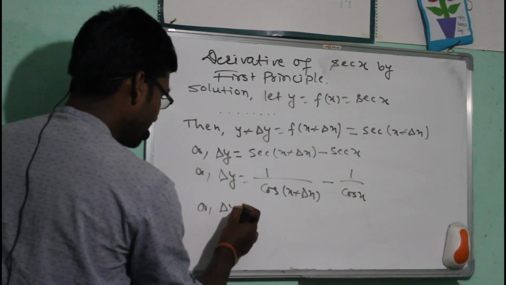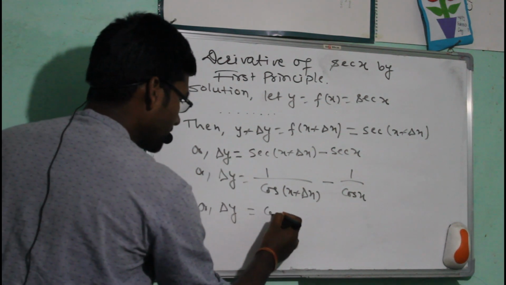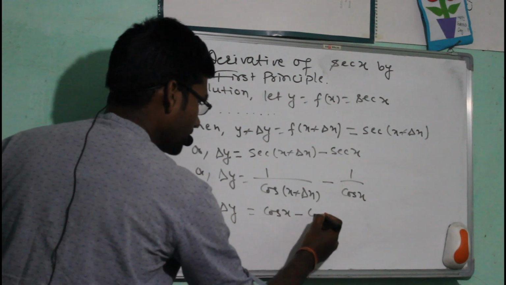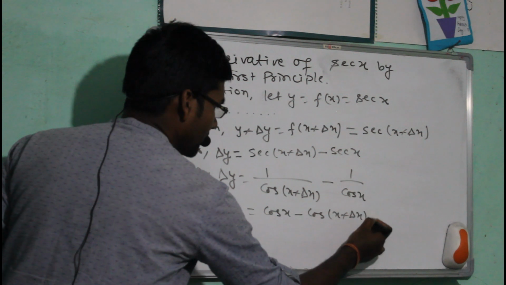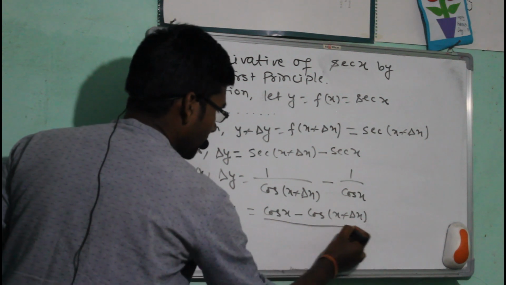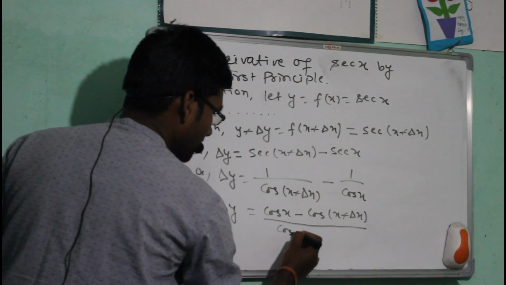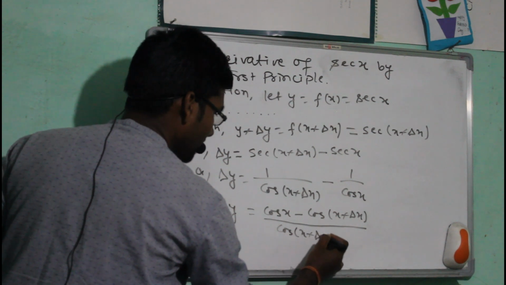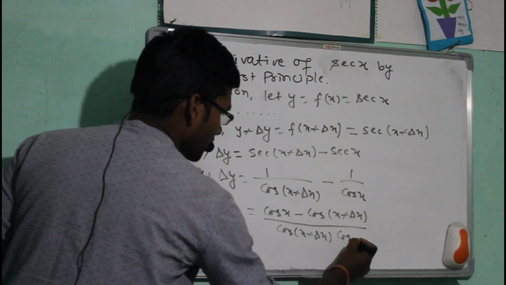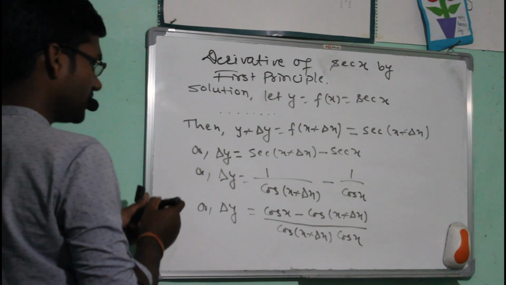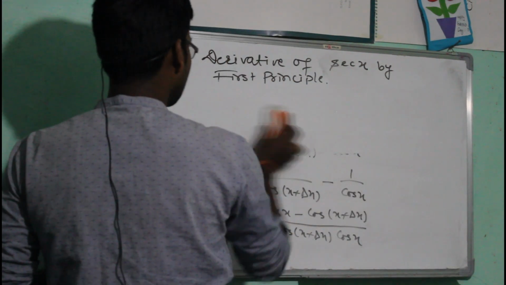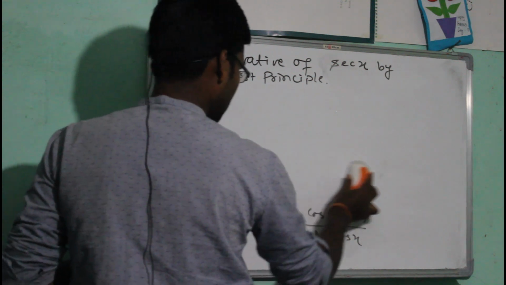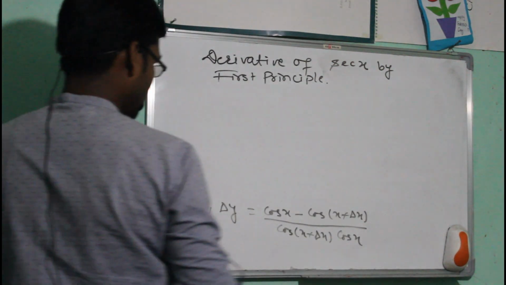we'll be getting here cos x minus cos(x plus delta x) by cos(x plus delta x) times cos x. Now after this we'll use the CD formula in the numerator.